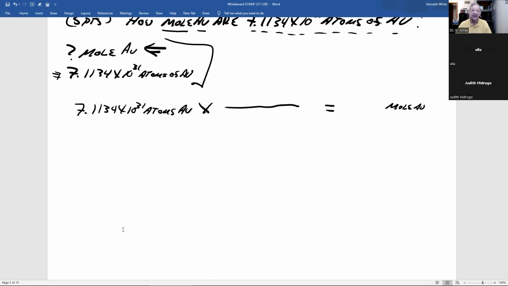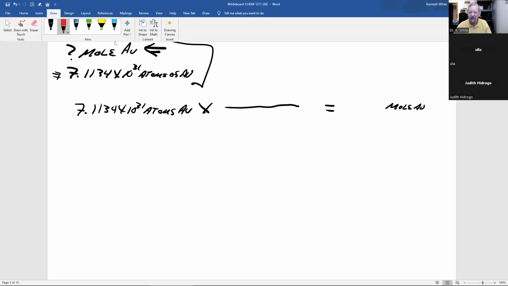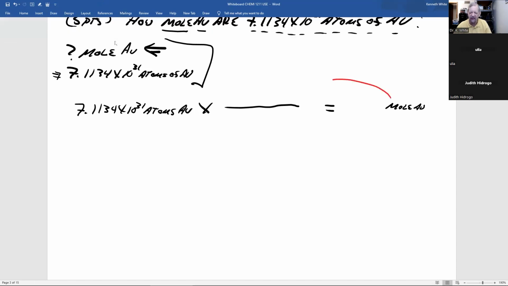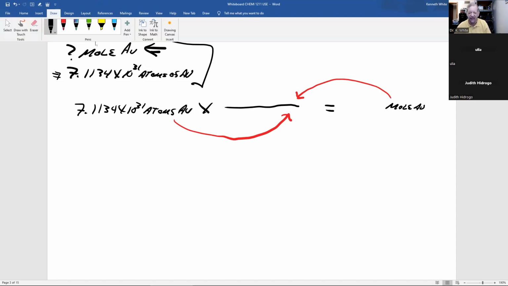It's time to use your good friend, unit analysis. And how does that work? Whatever units you're trying to get to go on top of the ratio. Whatever you're trying to get rid of, those units go underneath the ratio. And now write that in.